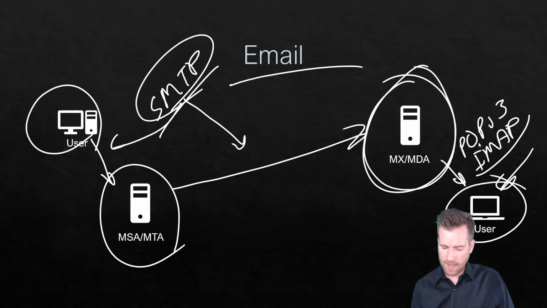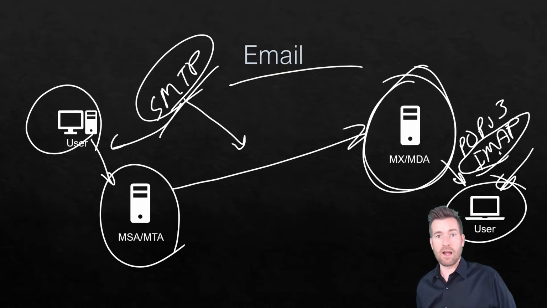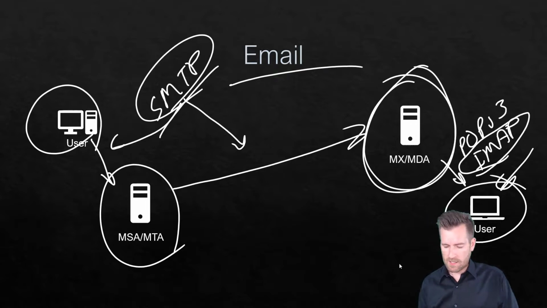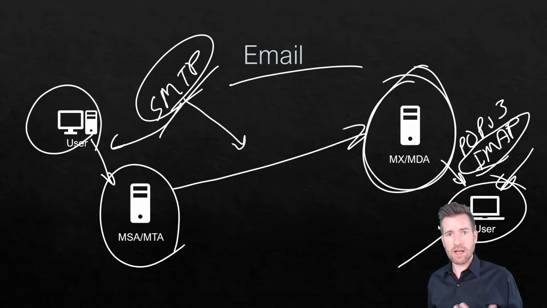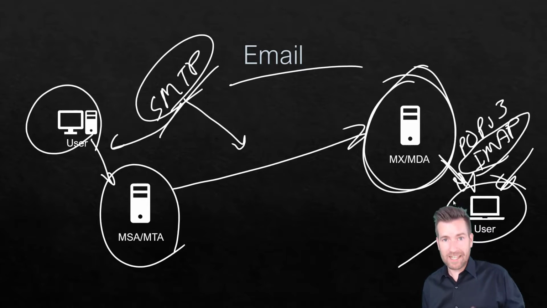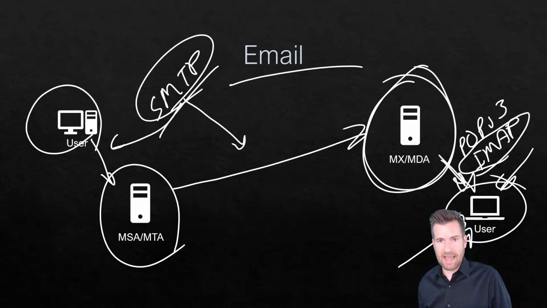I would say that IMAP is the more popular of the two at this point. So these users will turn on their machine, turn on their email client, and then that email client will go and fetch or grab that information and pull it down to the user. So then the user has access to that email.